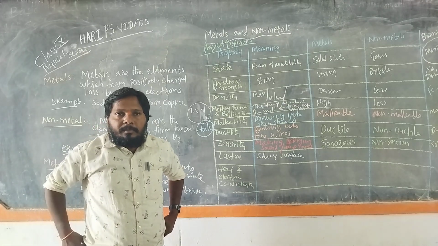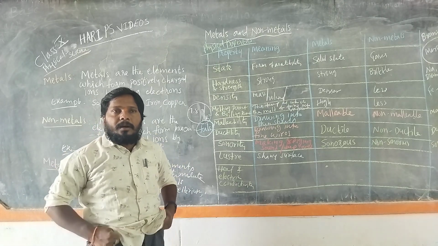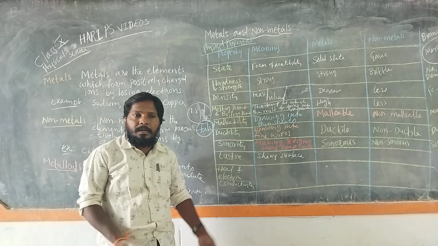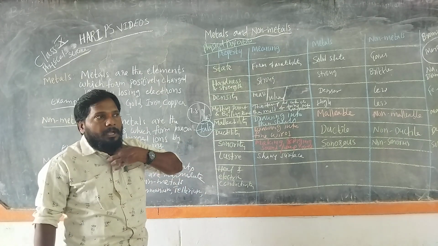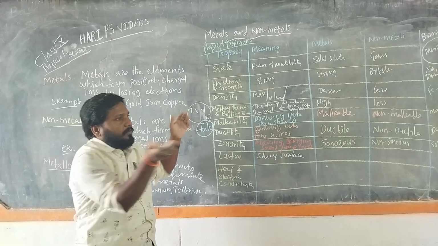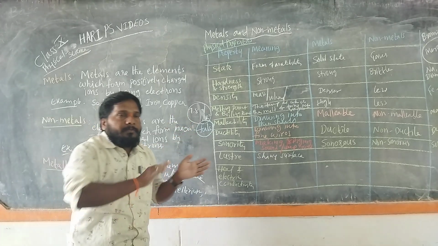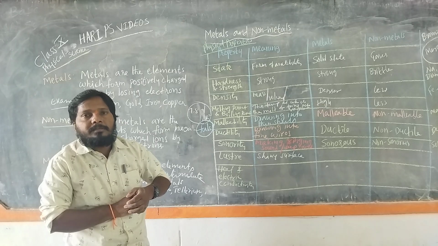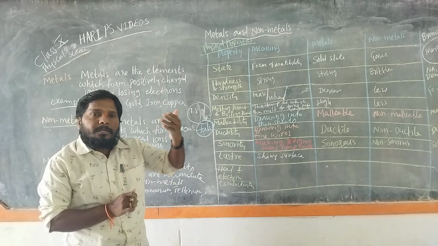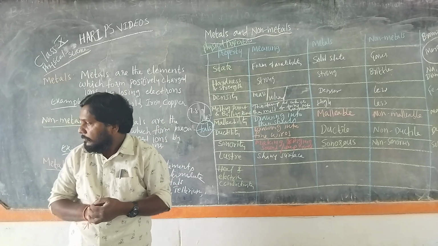Luster, or lustre, means the surface of the material, either metal or non-metal, is shiny in appearance. Why is it shiny in appearance? When light falls on the surface of the material, the light is reflected and the surface appears bright and shiny.